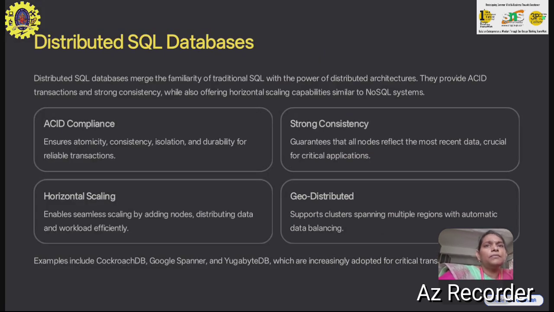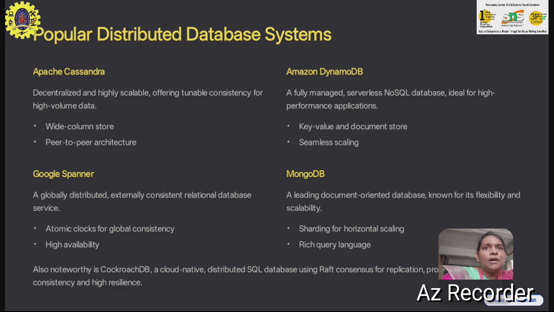Let us see distributed SQL databases. They bring the reliability of SQL, like ACID transactions, together with scalability, and tools like Google Spanner, CockroachDB and YugabyteDB are great examples of this. Next, let us see the popular distributed data systems.